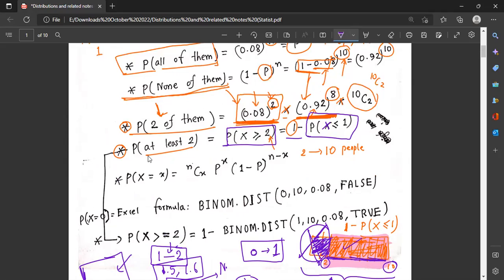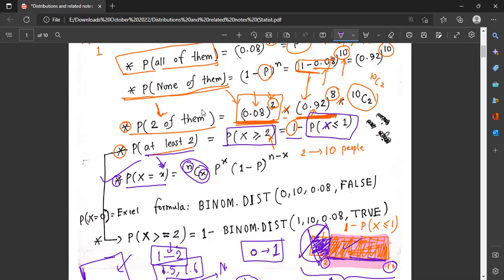Probability of at least 2 of them being colorblind, and probability of x equal to n. So this is the formula here: nCx. Here n is the total number of people, and x is the number of people we are considering.